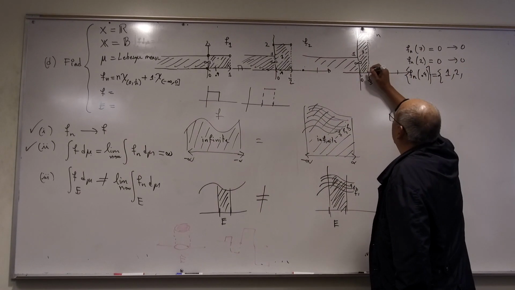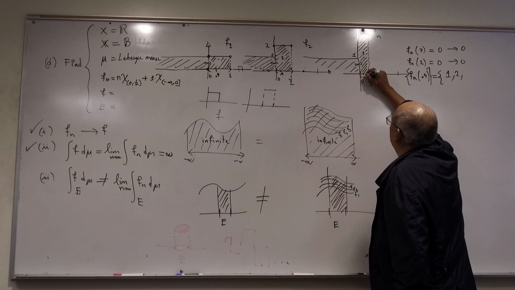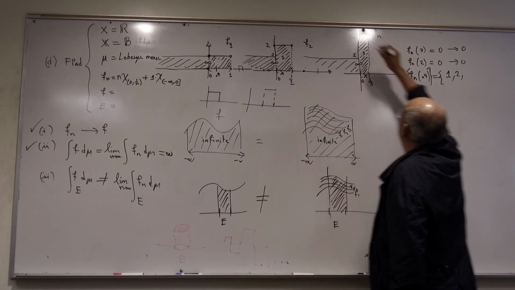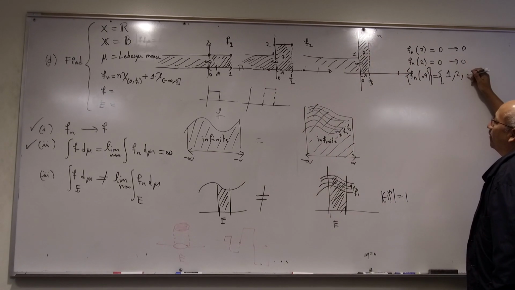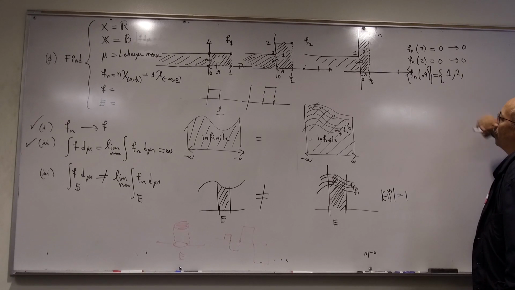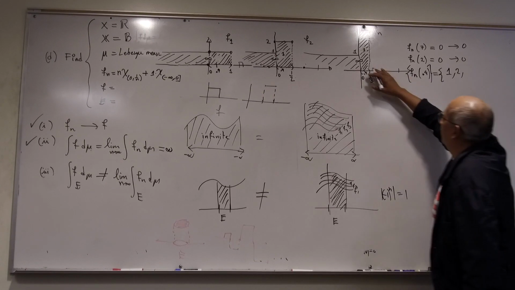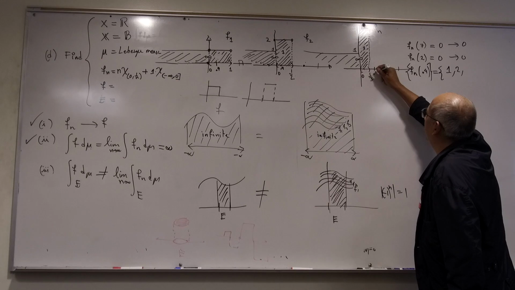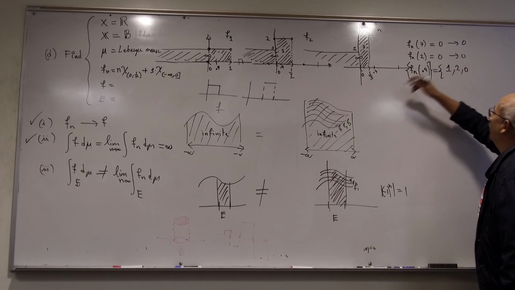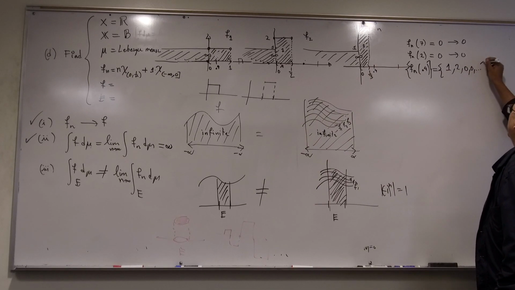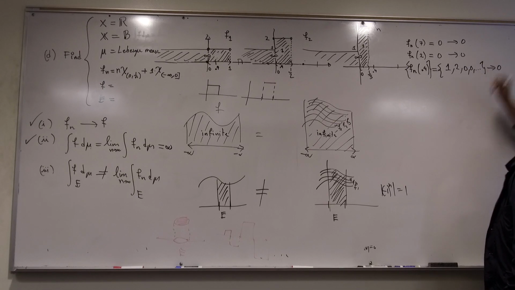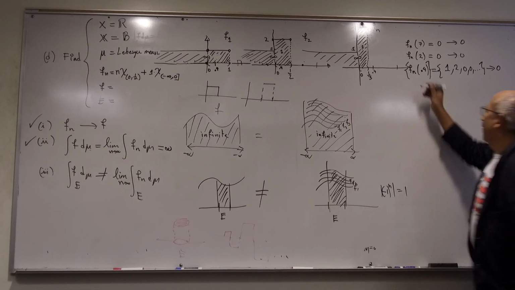The third one, 0.4 is outside of the interval, since 1/3 is 0.33. So it's going to be 0, and the next ones are 0, 0, 0. So it converges to 0.